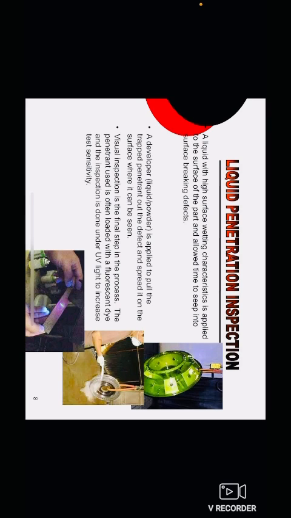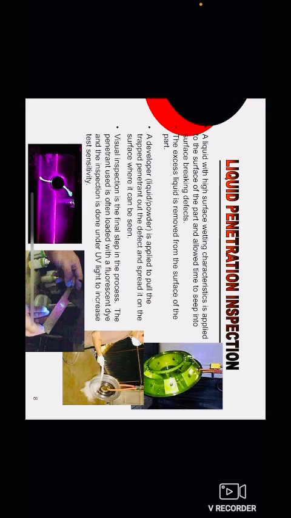The penetrant used is often loaded with a fluorescent dye and the inspection is done under UV light to increase test sensitivity. The excess liquid is removed from the surface of the part. These are some photos explaining the liquid penetration inspection.